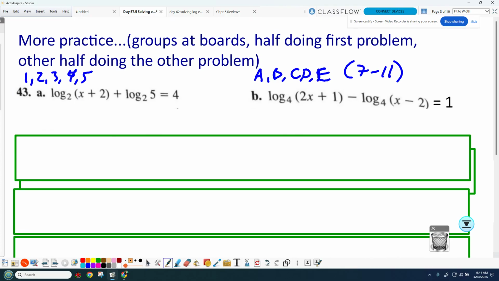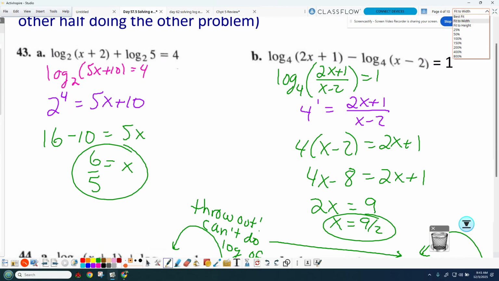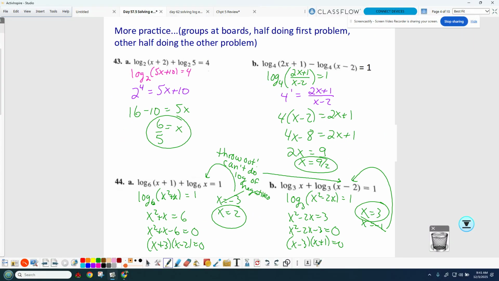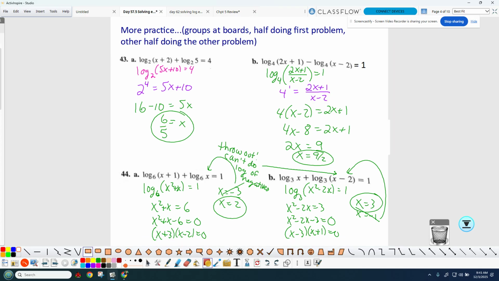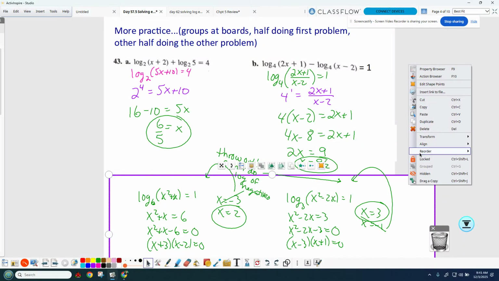I think, right? Okay, yeah. It looks right.